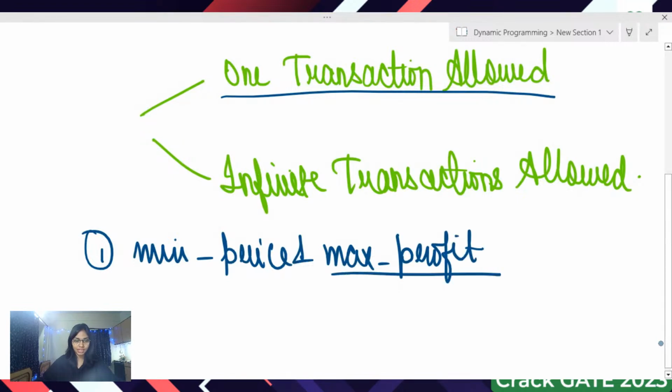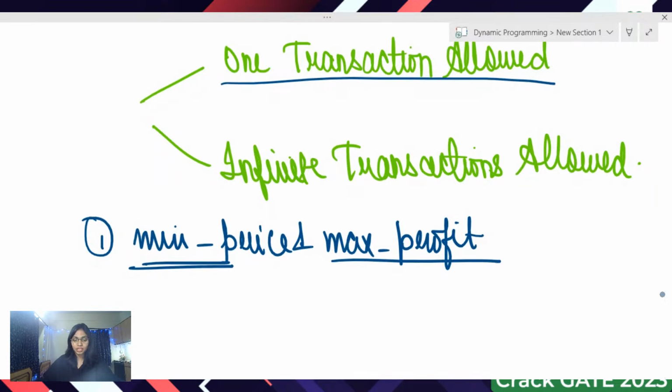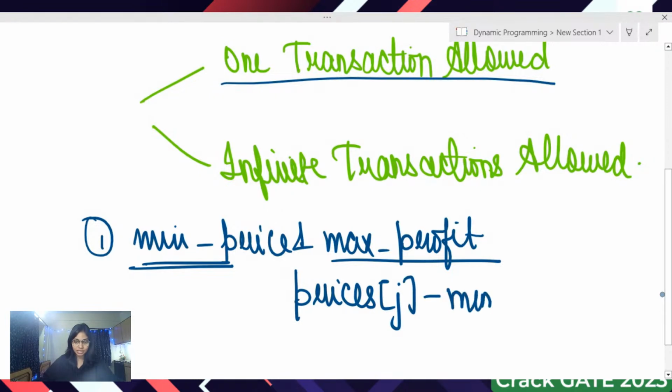The maximum profit was prices of j minus the minimum price that we have till that point. In that way, we found our maximum profit for one transaction allowed.